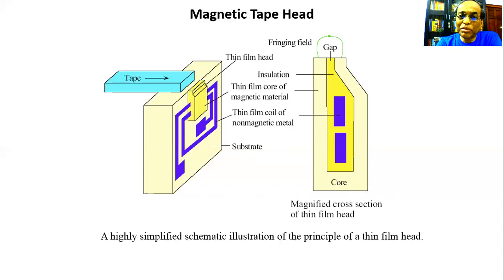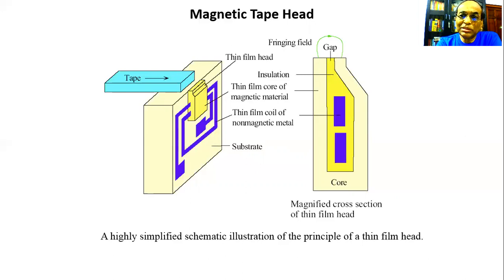The right hand side figure is showing the outside white region is the core. So there is this yellow part, there is the gap of the core.